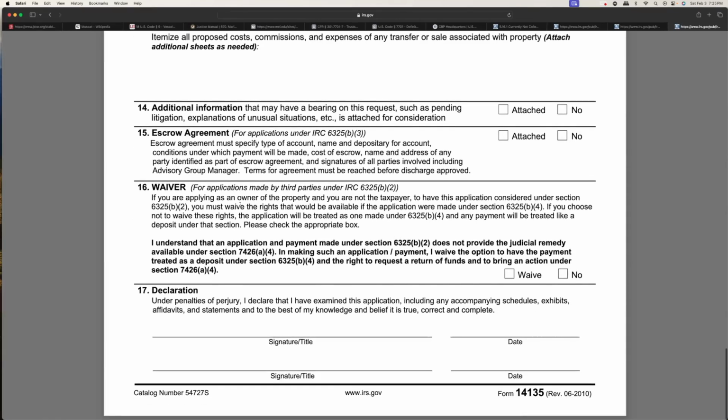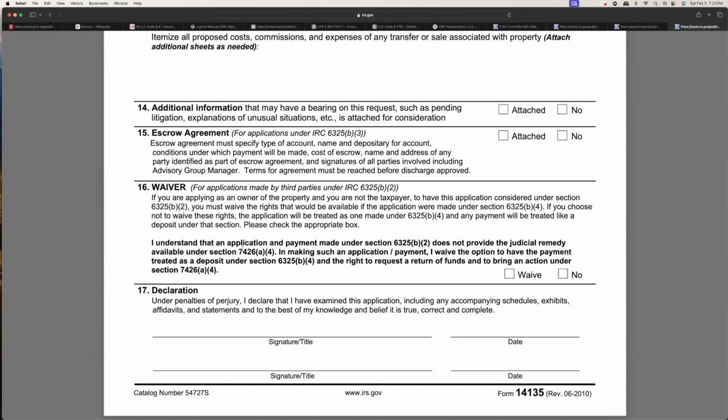Waivers: if you are applying as an owner of the property and you are not the taxpayer, to have this application considered under that section, you must waive the rights that would be available if the application were made under the other section. If you choose not to waive these rights, the application will be treated as one made under that, and any payment will be treated like a deposit under that section. Please check the appropriate box.